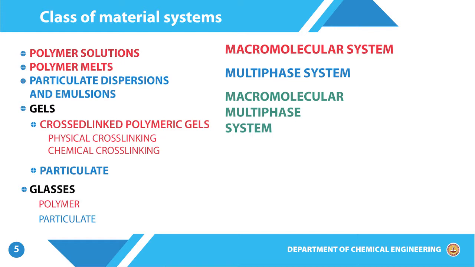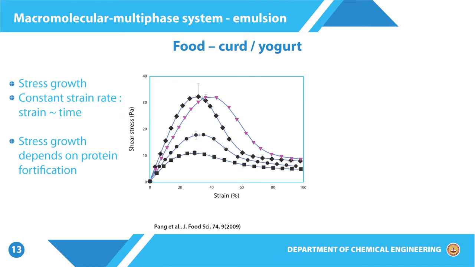And so, the examples that we will look at in this case all belong to macromolecule as well as multiphase systems. So, let us start with a material which we are quite familiar with, which is curd, and again curd is a fairly complex material in terms of its makeup.